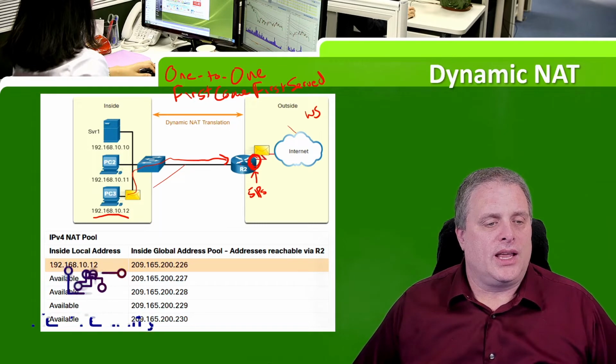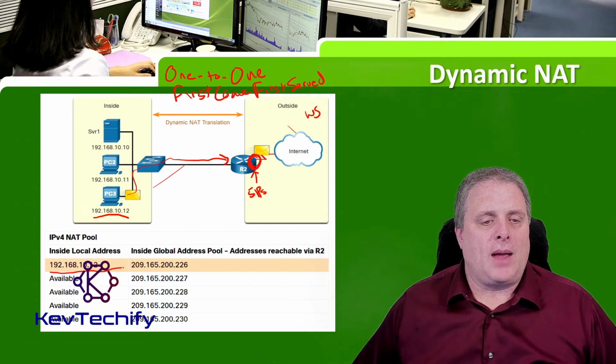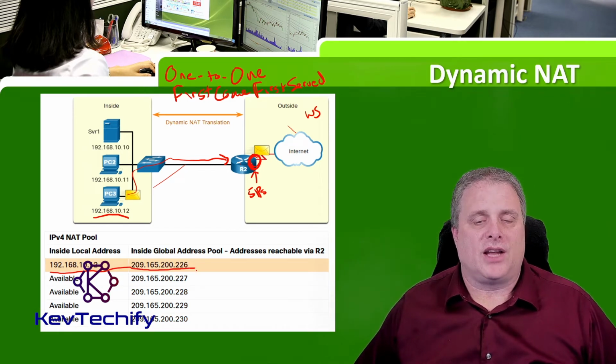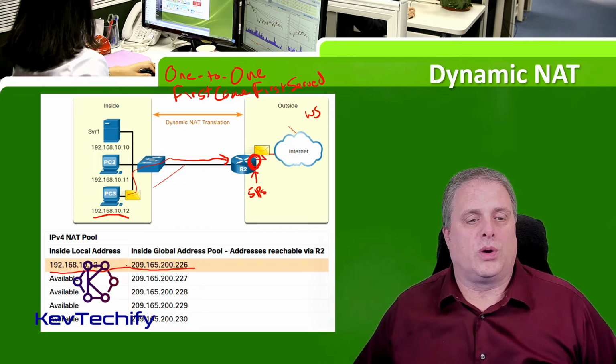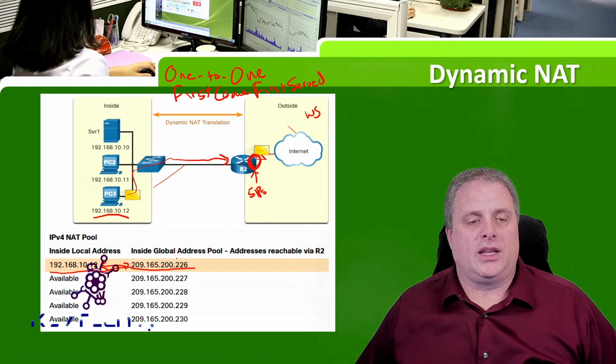We're going to go through and set that up. Right here, we can see that 192.168.10.12, we now have mapped it to 209.165.200.226. We have set that mapping up here. And so anytime it wants to communicate, it does that.